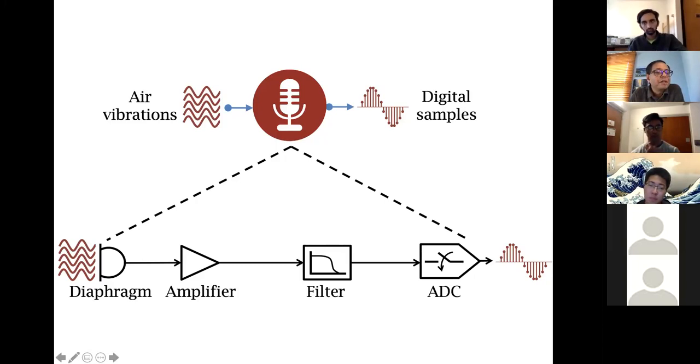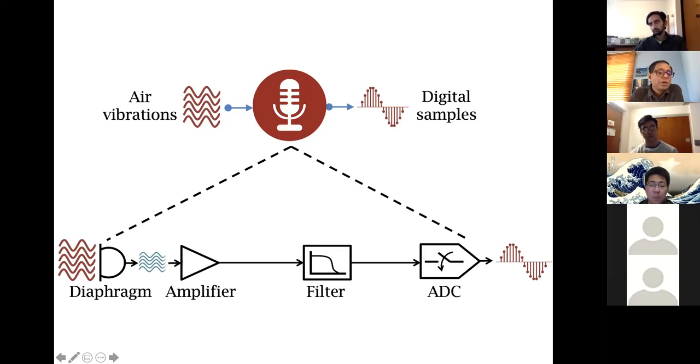Then there's an amplifier. Then there's a filter, which filters out everything above 24 kilohertz. And then there is an ADC, which takes the analog signal from the filter and samples it at Nyquist, at 44 kilohertz or 48 kilohertz, because you know human voice is definitely much lower than 24 kilohertz. So typically this ADC would sample at 48 kilohertz.